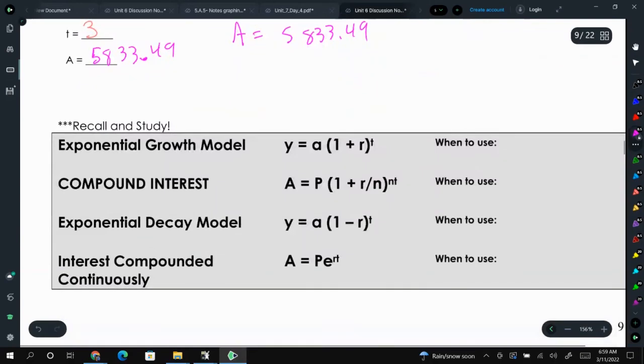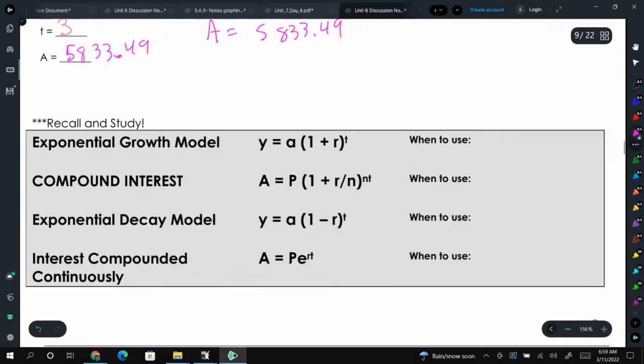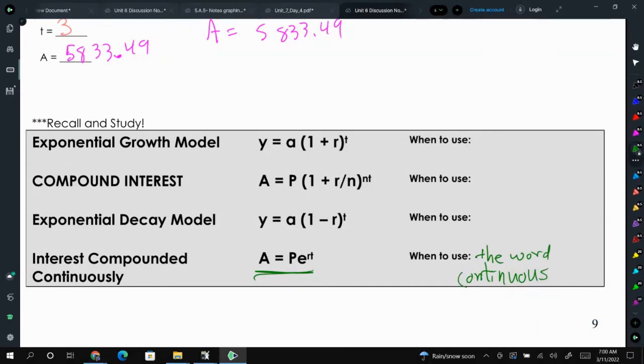Now down here, these are the formulas that we have used so far to calculate exponential growth or decay values. And let's just talk real quickly about when to use which. If you ever see the word continuous, that's when you want to use the compounded interest continuously formula, A equals P times e raised to the rt.